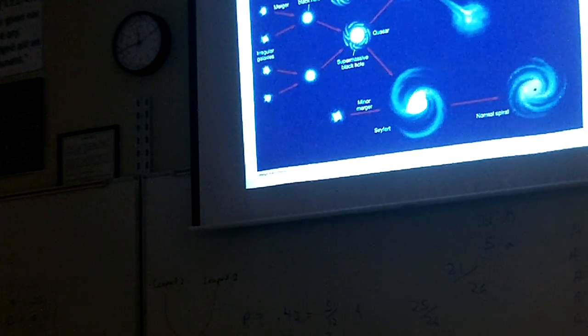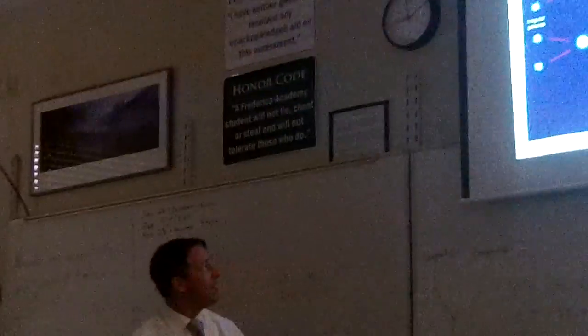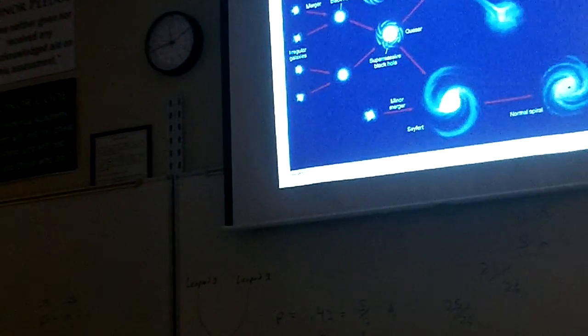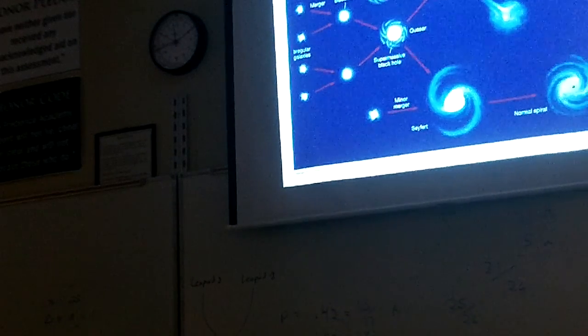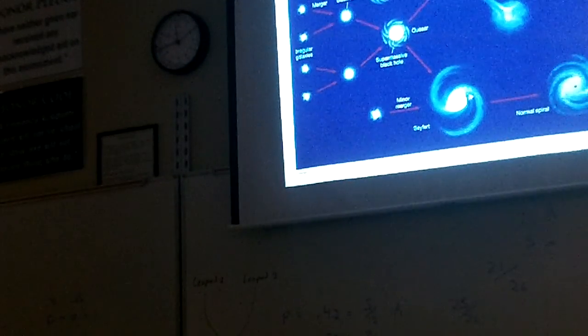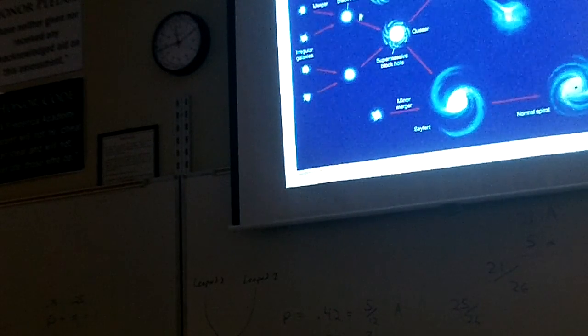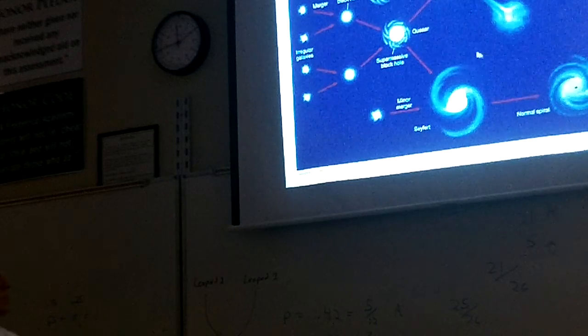Basically, the idea of this is it's showing galaxy evolution. Small galaxies make larger galaxies. At some point, they become active when the black hole in the middle is feeding. And this shows an active radio galaxy with these large radio lobes. And this is called a Seyfert galaxy. But anyway, the modern galaxies of today were formed by mergers between smaller galaxies.